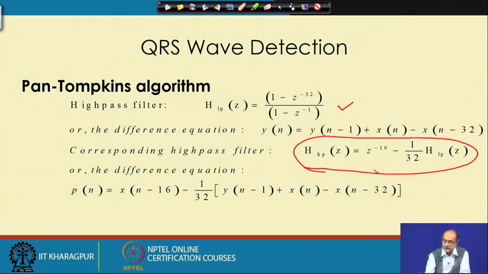And this is the corresponding high pass filter, the corresponding difference equation also is given, and here the only term other than 1, that is 1 by 32, we know that this means it is 2 to the power minus 5, and we can actually incorporate that as 5 right shift operations.